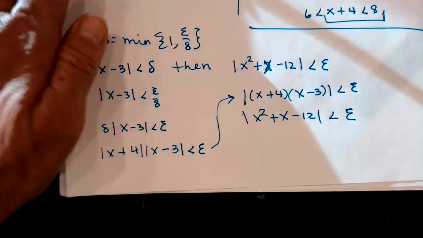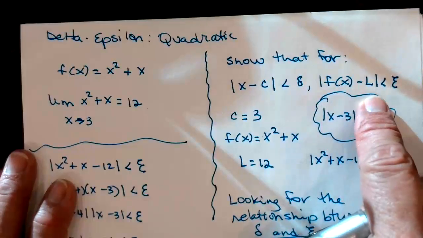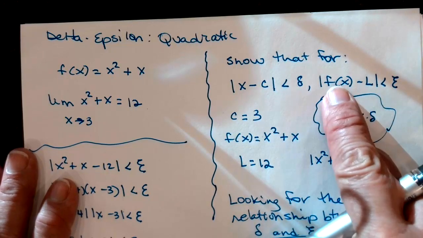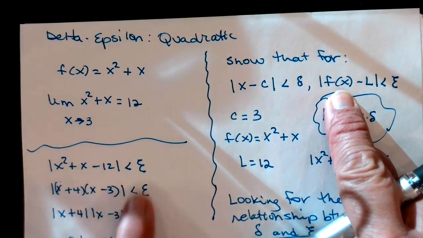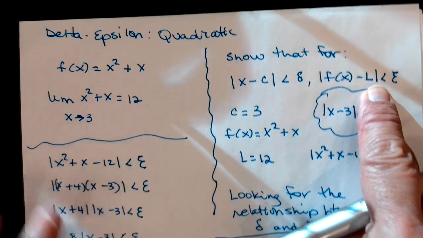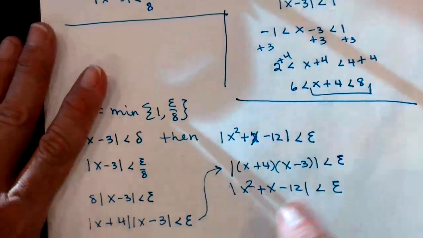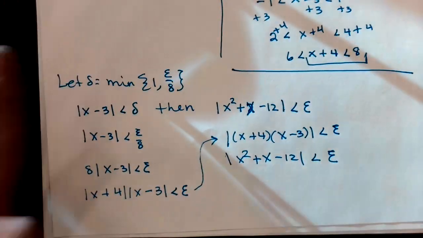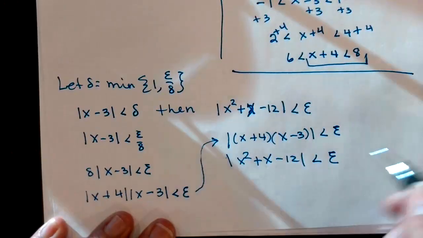Because what we wanted to show is that |f of x minus L| is less than epsilon, so we need to pull out the f of x, x squared plus x, and then the minus L. Oh, never mind, it's already there. I didn't have to pull it apart. Ta-da!